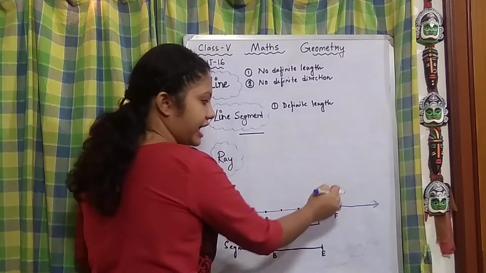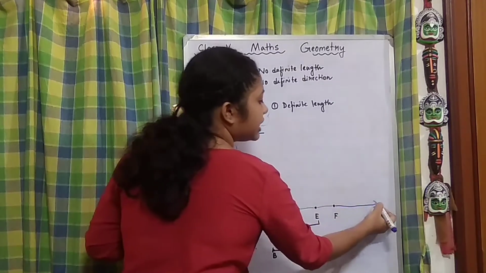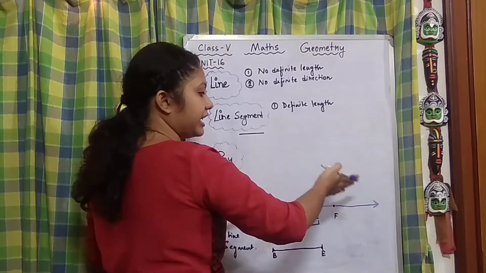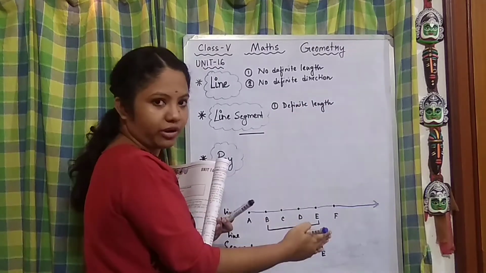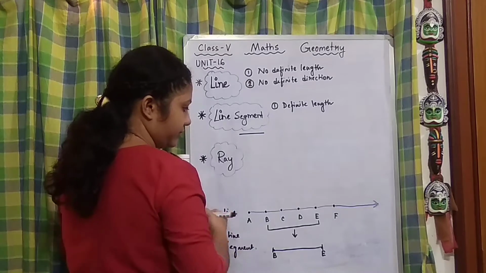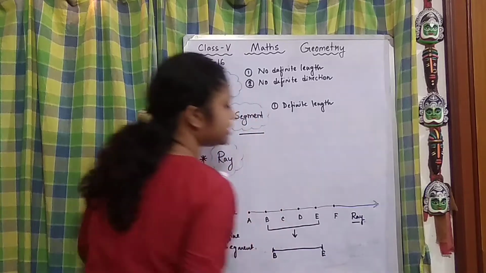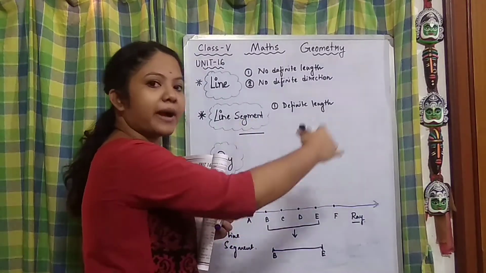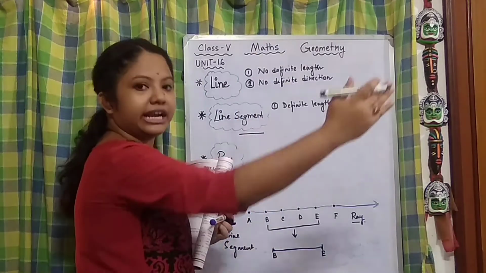This point F is the origin point of this line, but it has no ending because it is extending and not stopping at any point, or there is no blocking point. So that is what we call a ray. A ray is always continuously extending, expanding, but it has a starting point but no ending point.